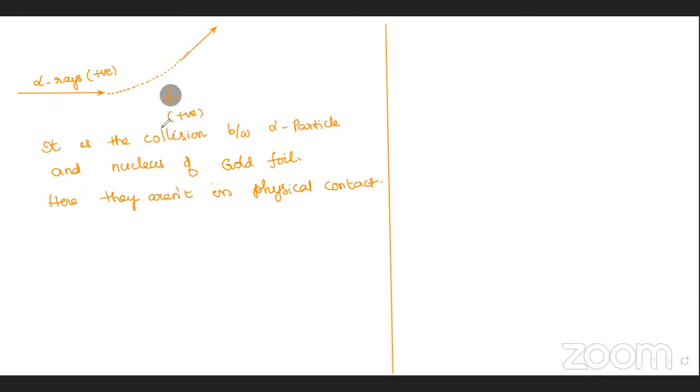So in our daily life, we see collisions between bike and car, car and car, car and person, and in billiards, snooker, ball to ball collisions, in carroms, striker and coin collisions. All these come under physical contact collisions, whereas this is no physical contact.